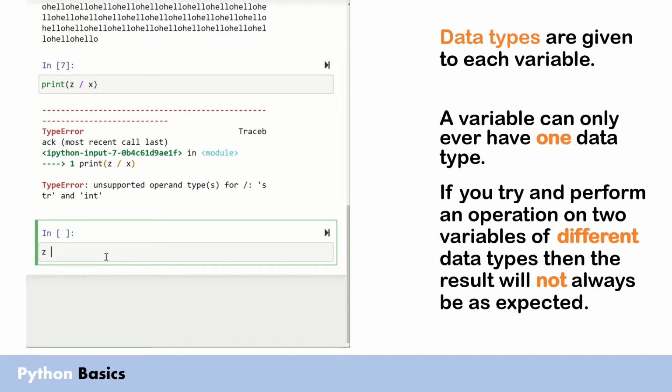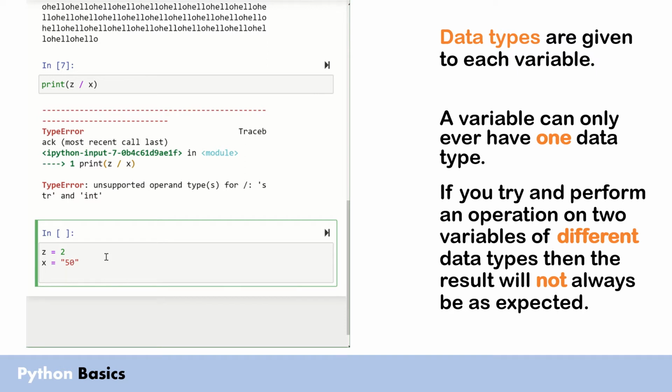Let's try another experiment. This time I'm going to do 2 new variables. So I'm going to have z equals 2 and x equals 50. Now notice z is 2 and x is 50. Okay, but x is an integer and this is a string.